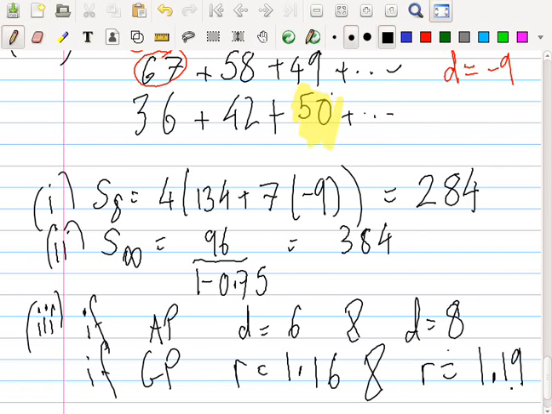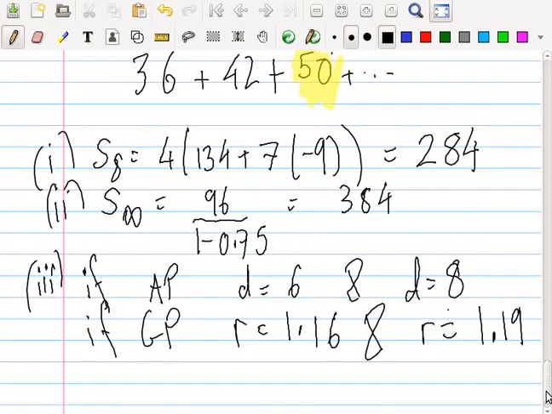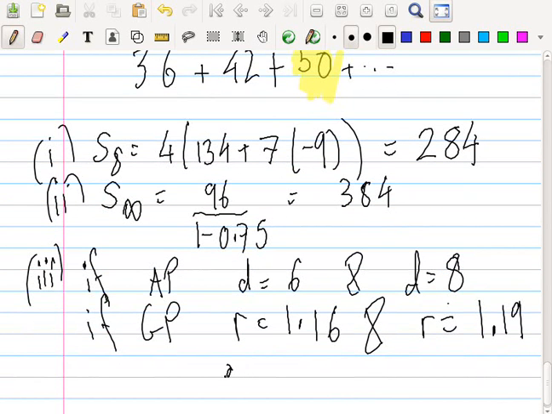Okay. You got that taken down? Yeah? Okay. Right, last part now. How does it look if AP D equals 6 and D equals 8? Yeah, if it was AP, the D changes, and if it was GP, the r changes.